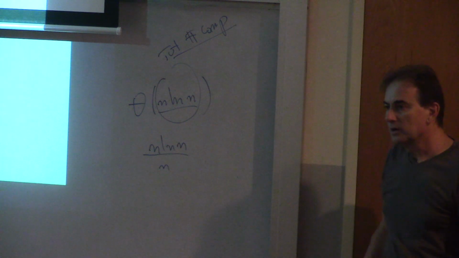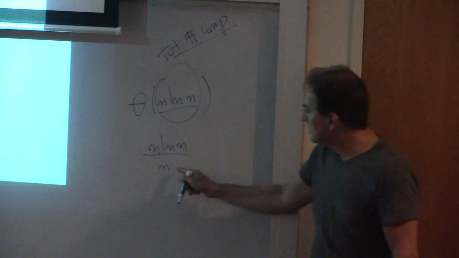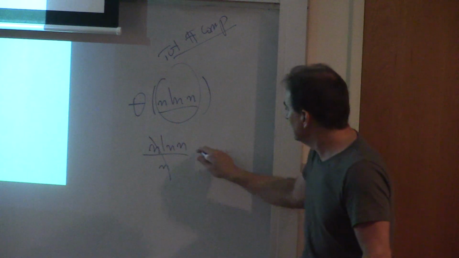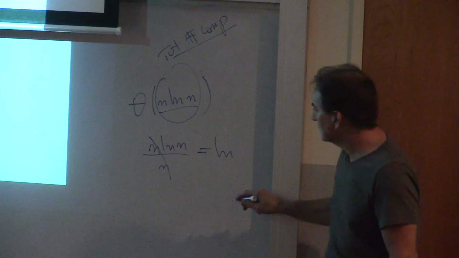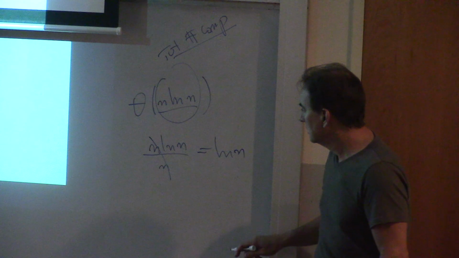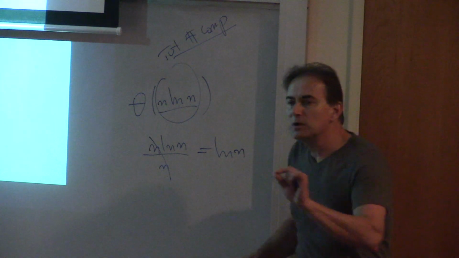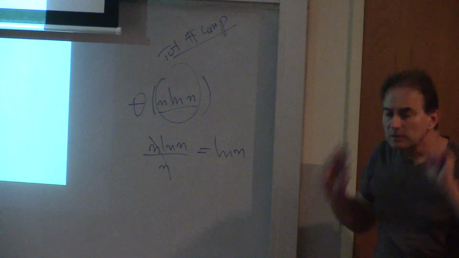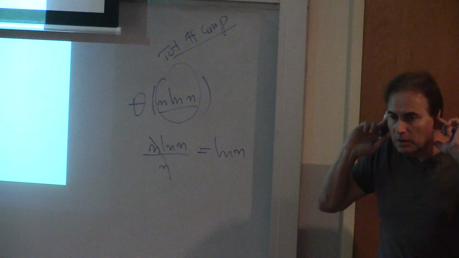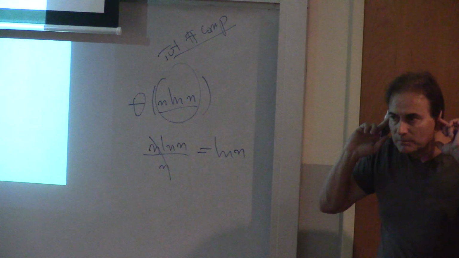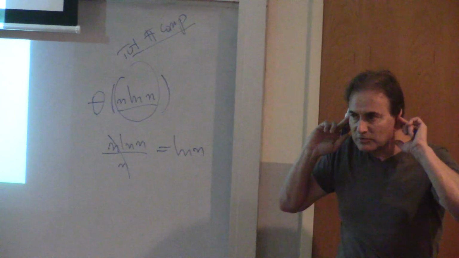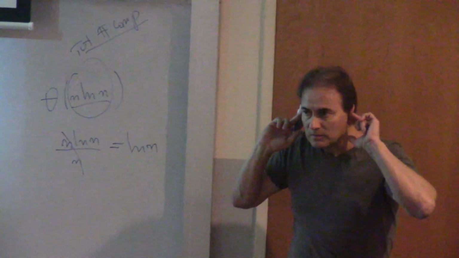How many nodes are there? N. So if I divide it by the number of nodes, what will this mean? So ln of n is what? Average. The average number of comparisons per node.